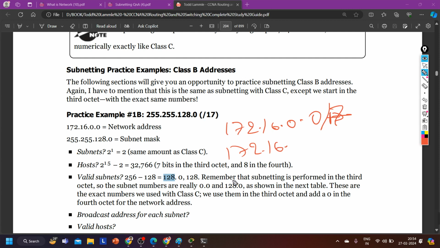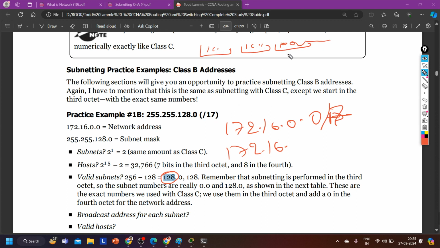See, guys, what I told you in the last class, that you will add this value in the octet where the last one is present. So the last one is present in which octet, according to this CIDR value? Slash 17 means 172.16 dot, mask 255.255.128.0. In the first octet all bits are 1, in the second octet all bits are 1, that is 16 bits, and in the third octet 1 bit is on and the rest 7 are 0.